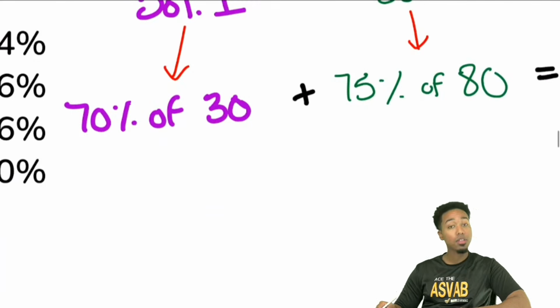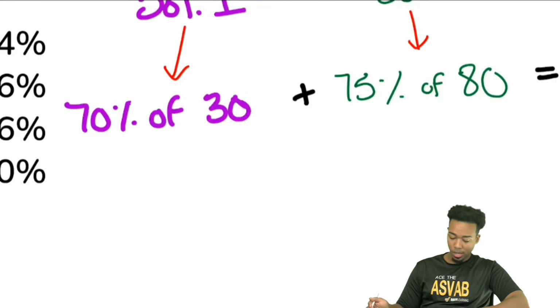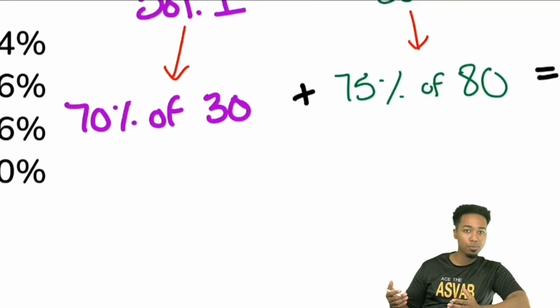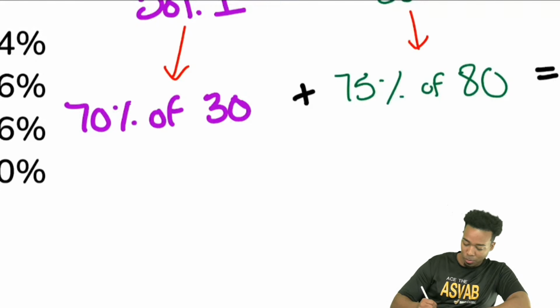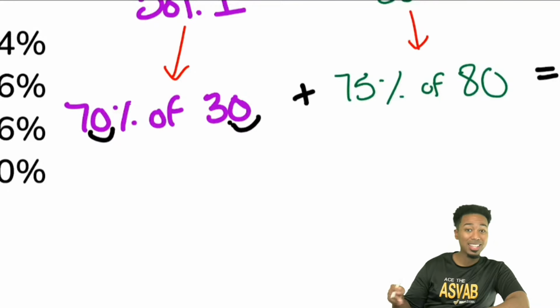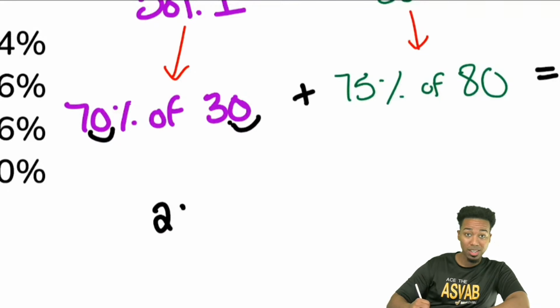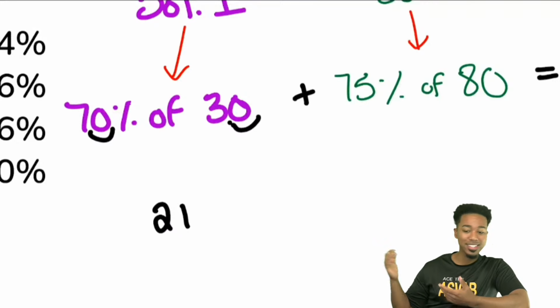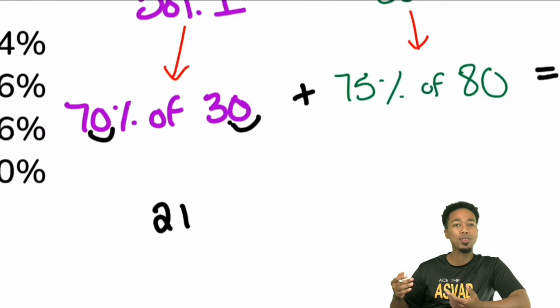70% of 30, everybody. That's actually going to end up being 21. With a shortcut when dealing with percents, instead of doing both of these here, you could just do one here, and that's 7 times 3, and that would be 21. If you didn't know that, well, there you go, surprise. That's definitely something that I would recommend you do.